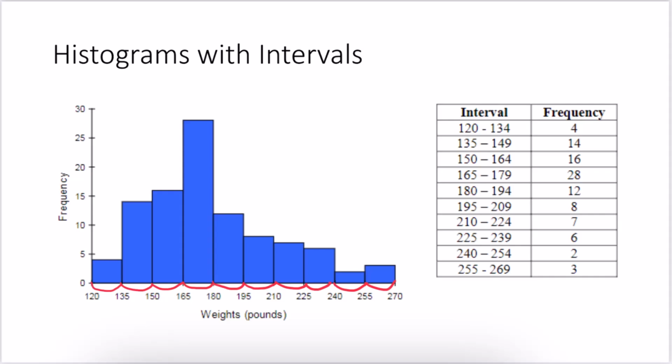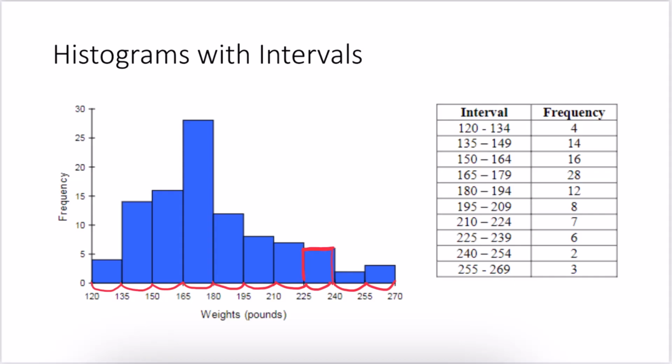But whatever number you count by, you need to be consistent with it. In this case, we can see that there are 6 data points that are between 225 and 239.9999999. And so the height of this bar communicates how many data points are within that range.